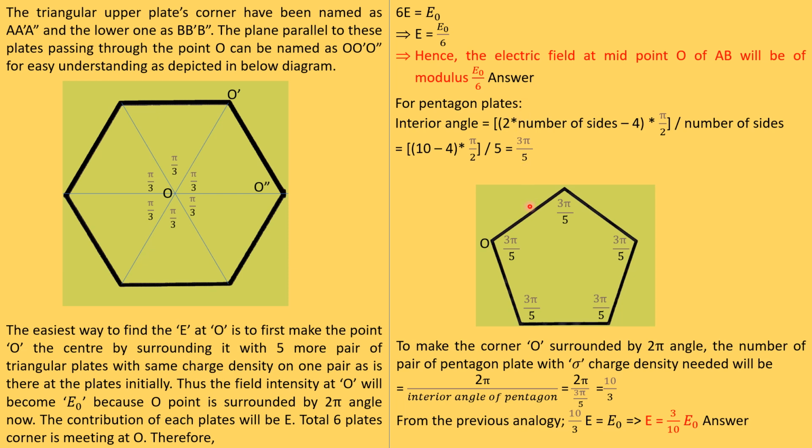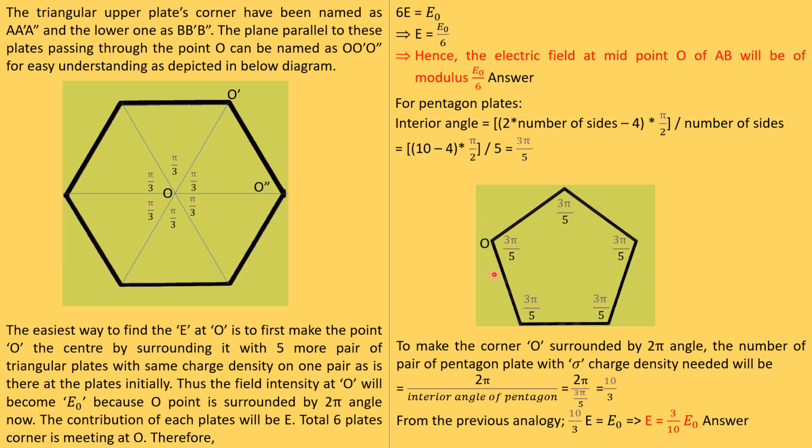Now if we replace the triangular plates by pentagon plates, we know from the formula that the interior angle of the regular pentagon will be 3 pi by 5.